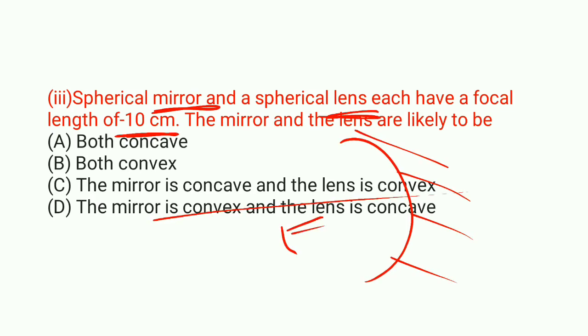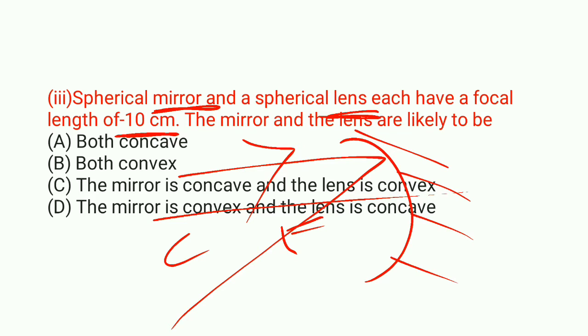It has the focus and the center of curvature. A ray of light incident on the concave mirror, after reflection, will pass through the focus. This focal length, as per the sign convention, is negative. The focal length they have mentioned is minus 10. So the first thing is the given mirror is a concave mirror, right?